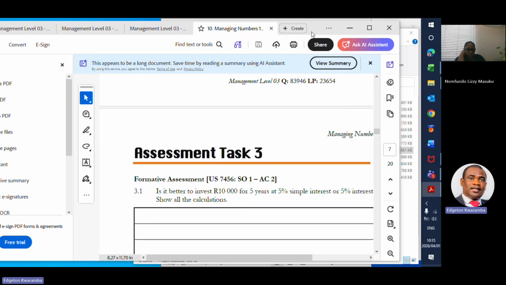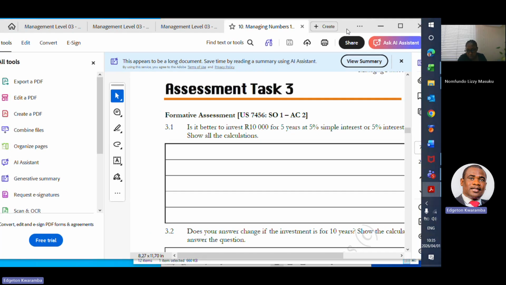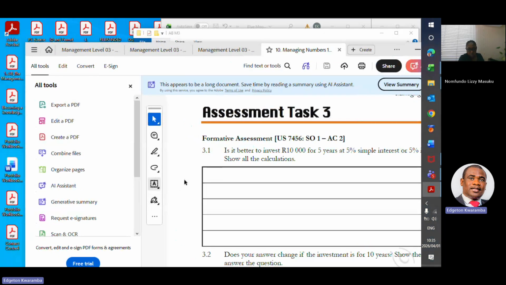Yeah. And then here now it's going to be simple and compound interest. The only difference between simple and compound interest is that with simple interest, we just look at the money that you're supposed to be paying. For instance, let's say you borrow 1,000 rand, we call it principal, the money that you borrow or you invest.